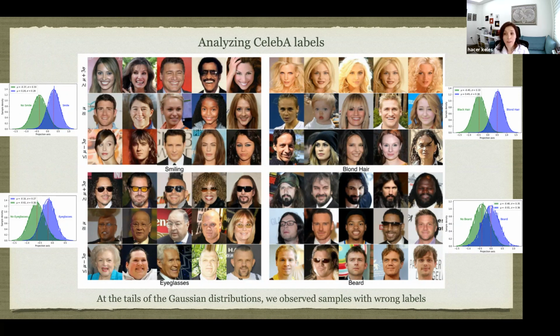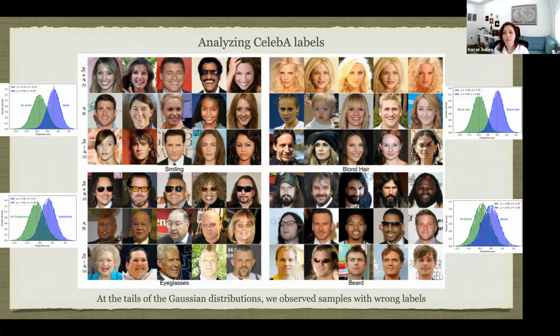The left tail is overlapping with the green distribution, as you can see from the charts, where we expect to find neutral images more, right? So in order to analyze the overlapping regions, we sampled images from the left tails of the blue Gaussians, depicted on the bottom row.